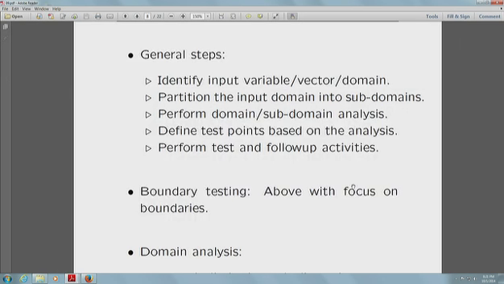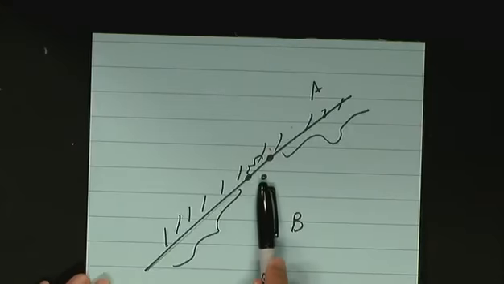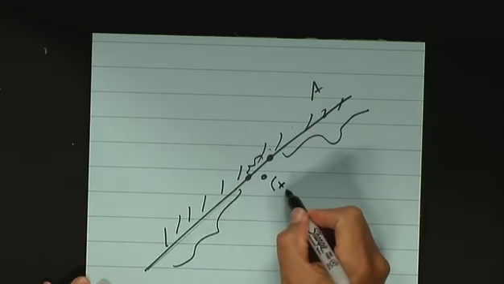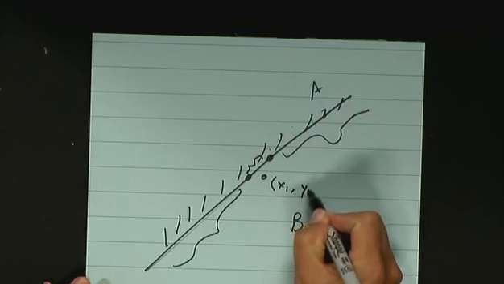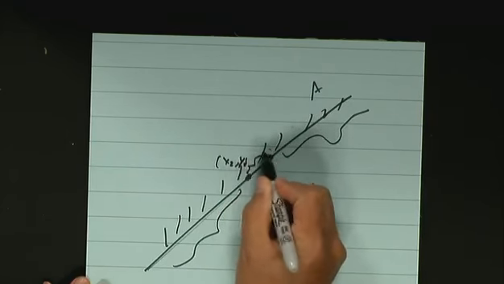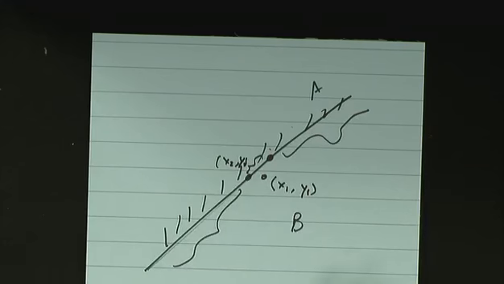Of course, you can use algebraic ways. For example, over here I can give the x value and the y value for this point. So this one is x1, y1, and this one is x2, y2.